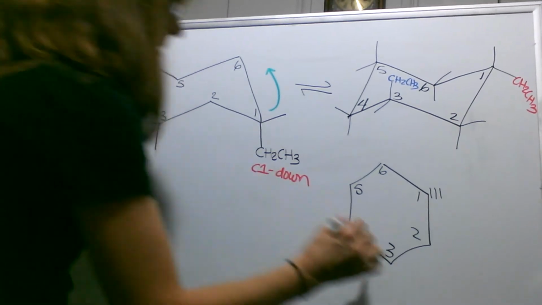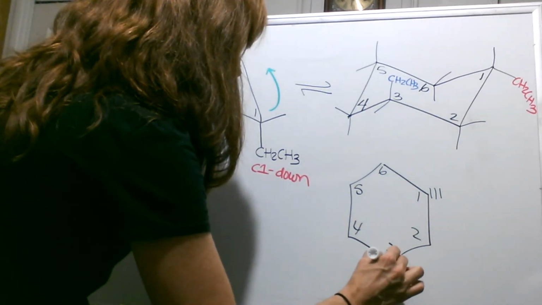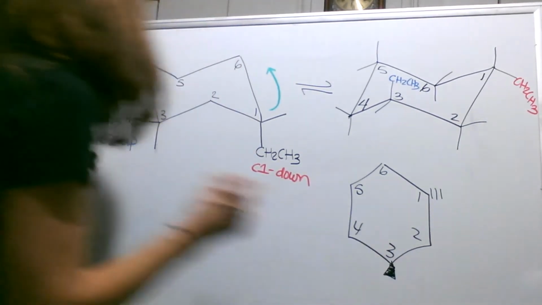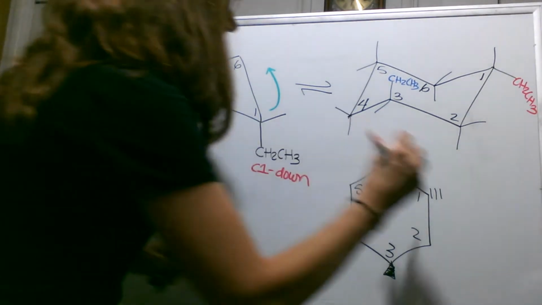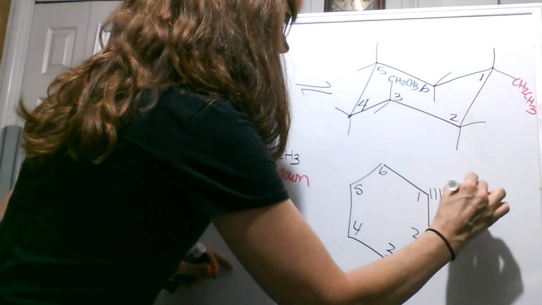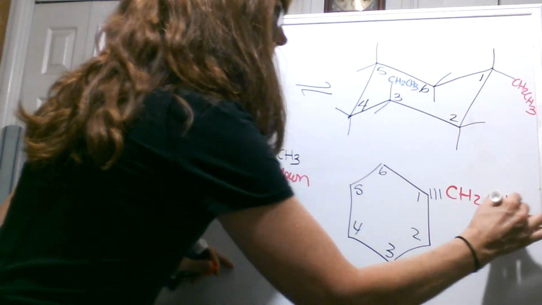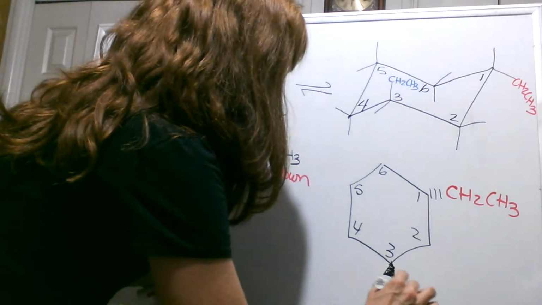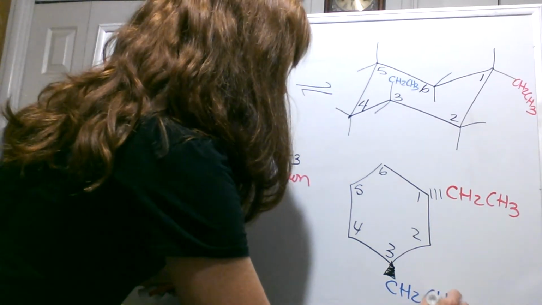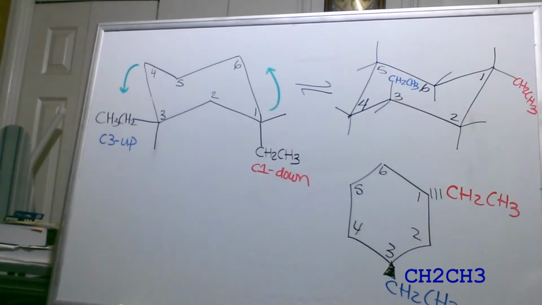And the bond at C3 is pointing in the up direction, so we draw that as the wedge. And then filling in the substituents themselves, they're both the same. Try to keep my color coding consistent. And there's our perspective drawing.